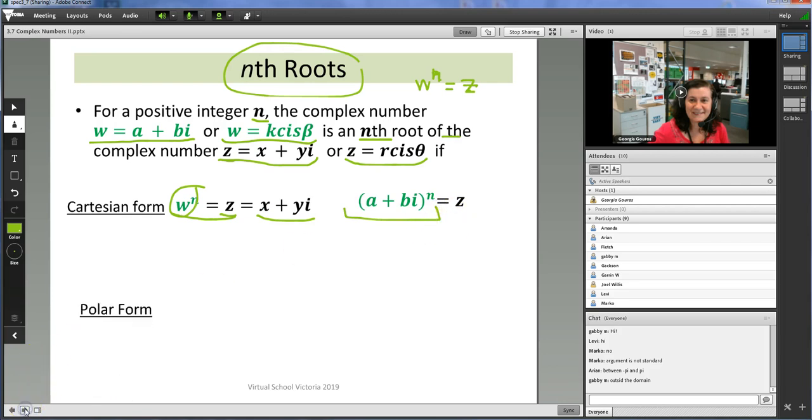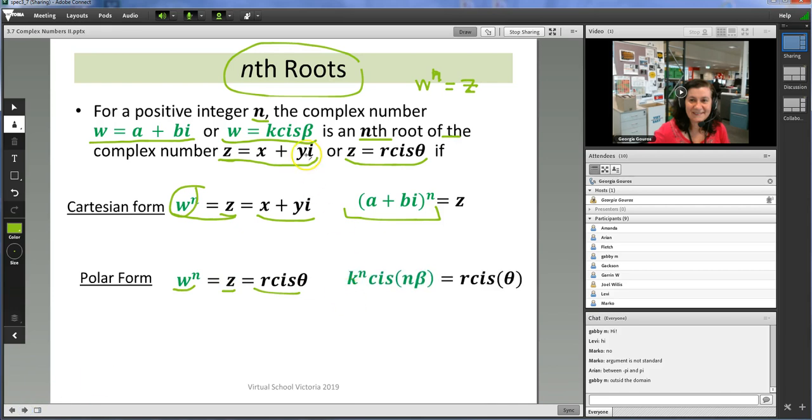Or, in polar form, we've got w to the power of n is equal to z, which is r cis theta. In polar form, we've got k to the power of n times cis of n beta, just using De Moivre's theorem, is equal to r cis theta. This is just all definitions now derived from De Moivre's theorem. So we can use that to find the nth root of a complex number.